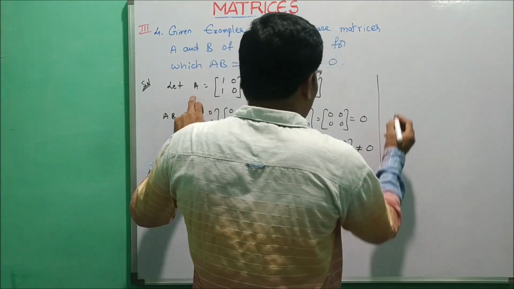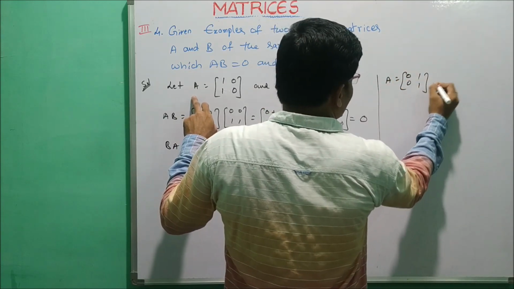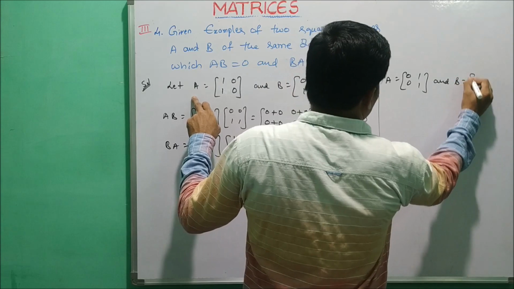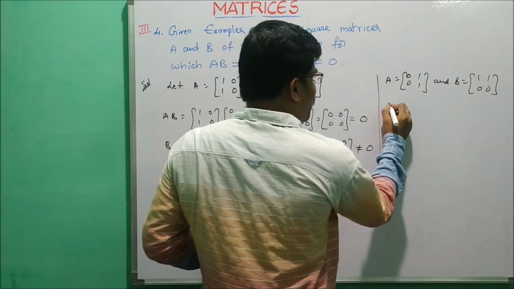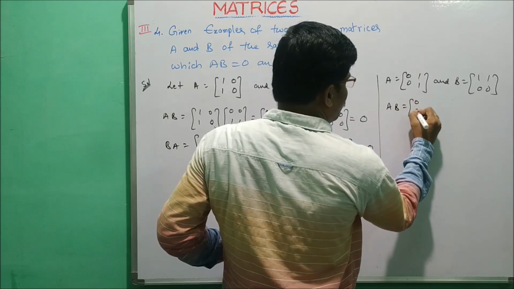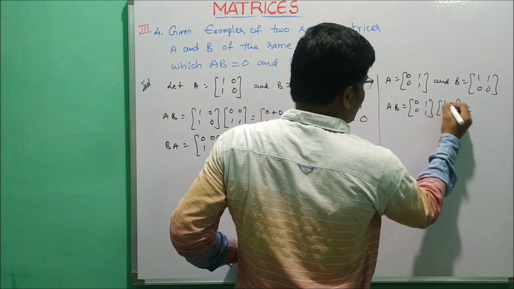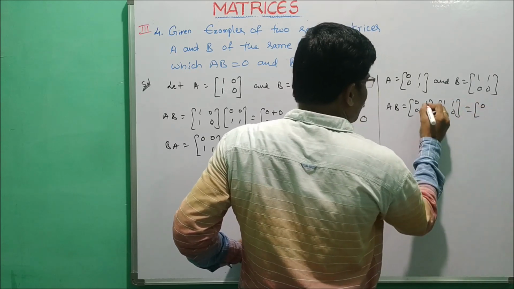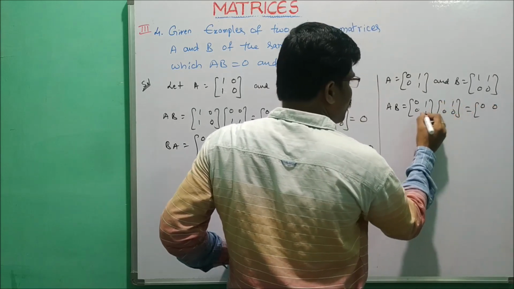Now similarly we take A equals the matrix 0 0 1 1 and B equals the matrix 1 1 0 0. Similarly we find the product AB: 0 0 1 1 and 1 1 0 0. Now multiply 0 into 1 0, 1 into 0 0, and so on.